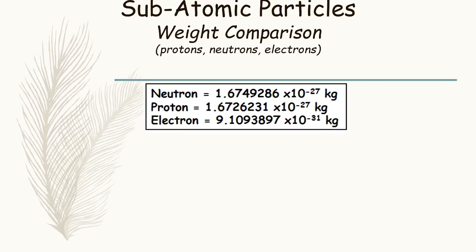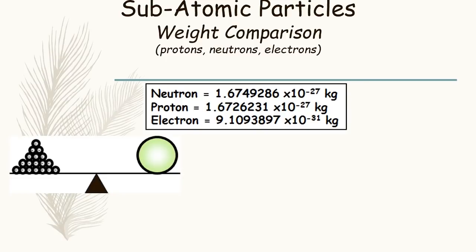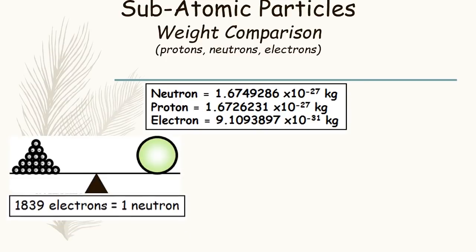So let's think about what that actually means in terms of masses. If I was looking at an electron compared to a neutron, there's 1,839 electrons for every neutron. 1,839 is an order of magnitude of 4 in difference between 1 neutron and electrons, okay?